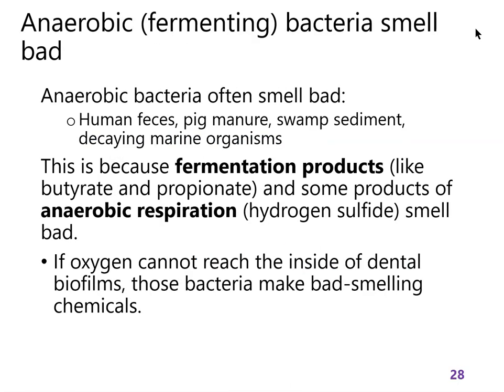And then something I've mentioned before is that fermentation products and some anaerobic respiration byproducts smell bad. And so anything that's lacking oxygen is going to smell bad. So why are these things lacking oxygen? That's a good question. Why is there no oxygen in human feces? Well, it's because there are so many bacteria there.